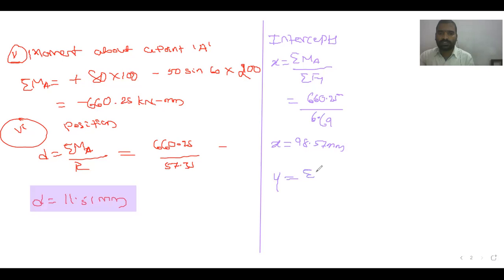Y-intercept is equal to summation of M about a point divided by summation of Fx. So what is the value of summation of M about A? That is 660.25 divided by sigma Fx.